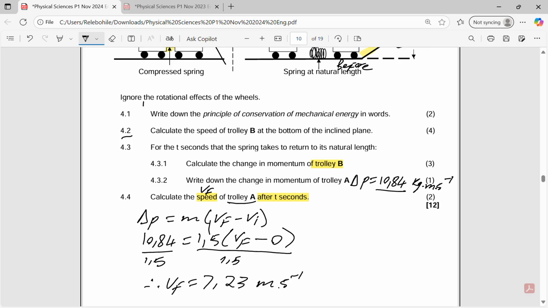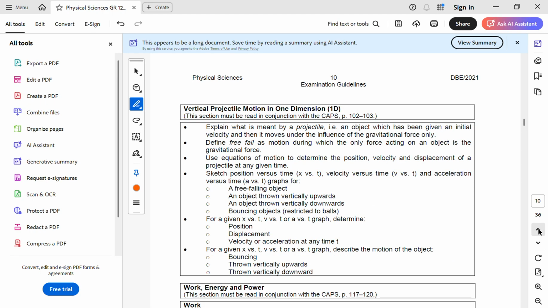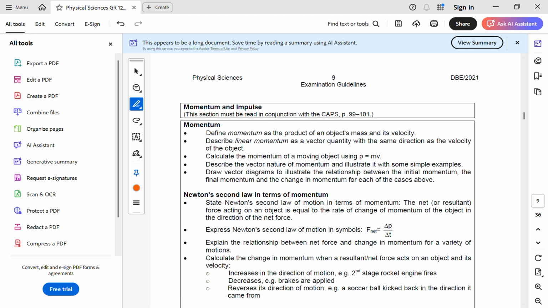But since we were on the topic of momentum, I just want to go to the exam guideline to show you the other definitions that you have to know with regards to the topic of momentum. There we go. You have to know the definition of momentum. You have to know that we have what we call the principle of conservation of momentum.